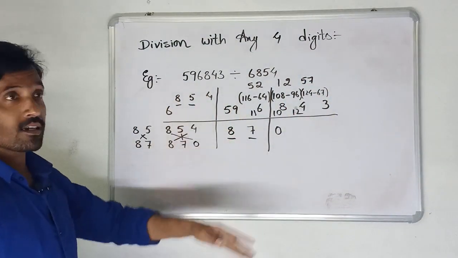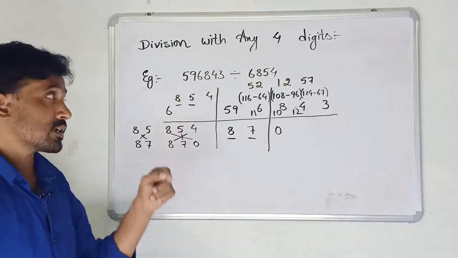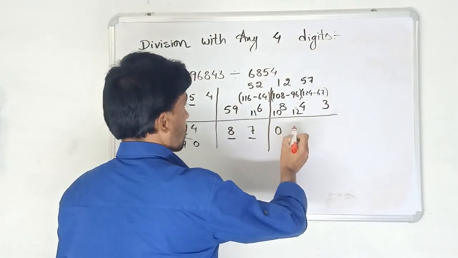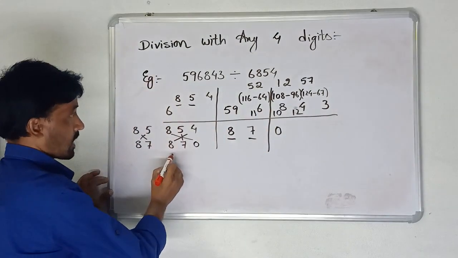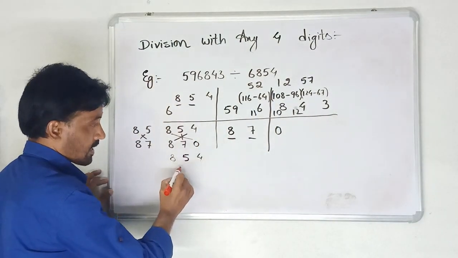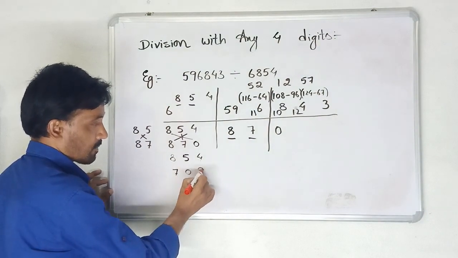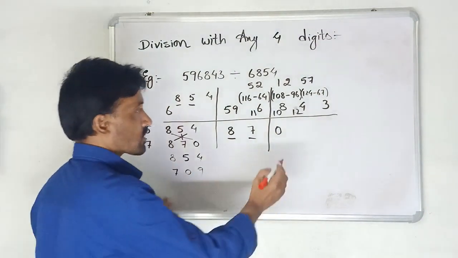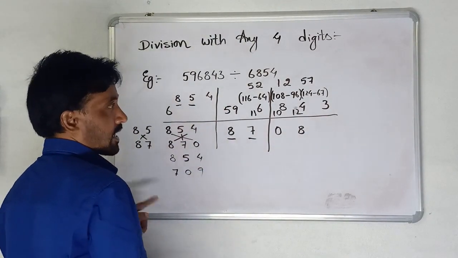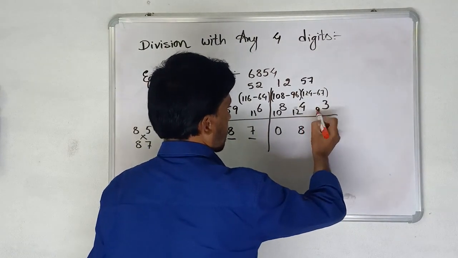So 6 exactly divides 9, no doubt at all, but it is not possible to take it. So I am taking 6 9. Suppose I take it, what happens? Under 854 we would take 709, so it's not possible. So it is to be reduced to 8. 6 times 8 is 48 and it leaves remainder 9.